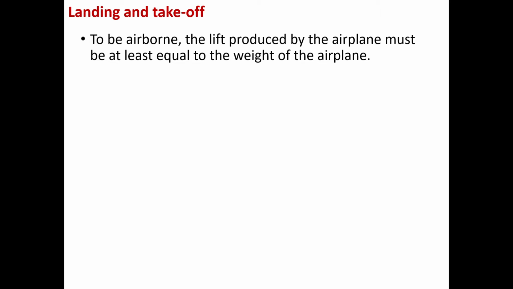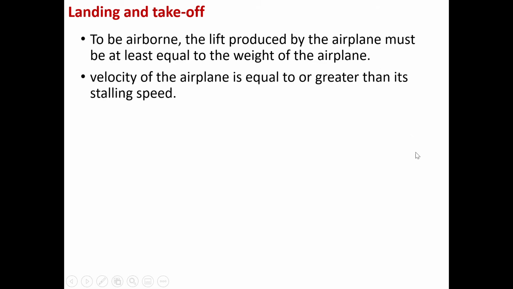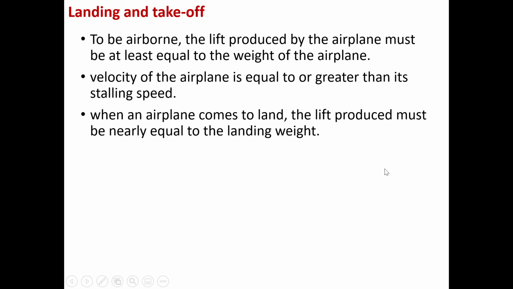Otherwise, your aircraft won't be able to be airborne, because the main force keeping your airplane down is its weight, and the lift you're producing, which counteracts the weight, must be equal or greater than the weight. And the velocity of the airplane must be equal or greater than its stalling speed.